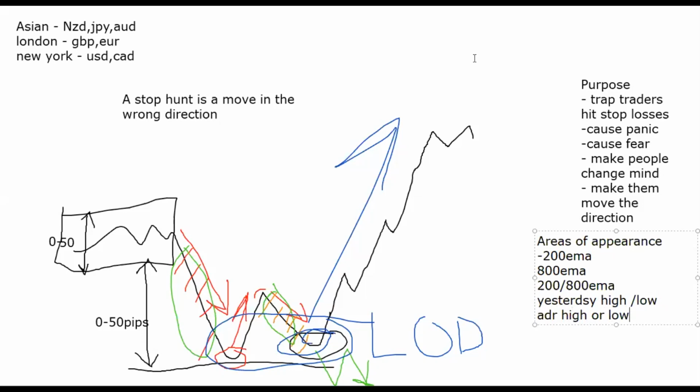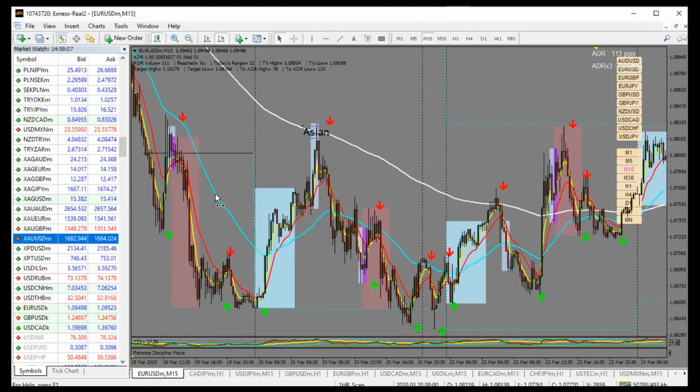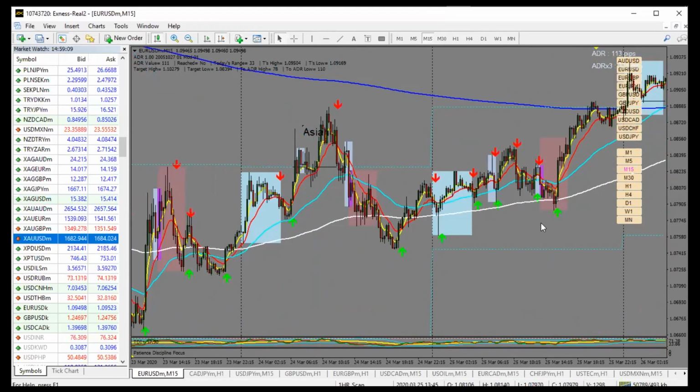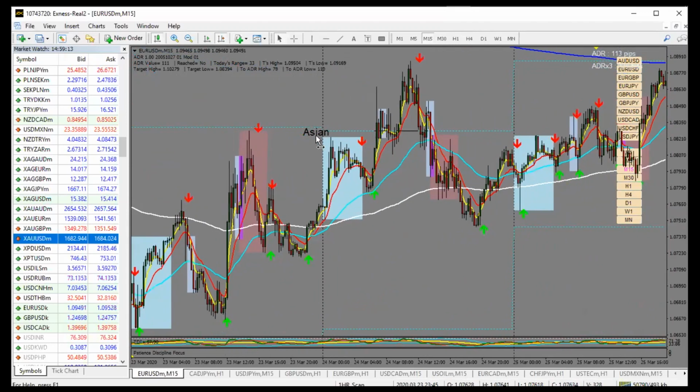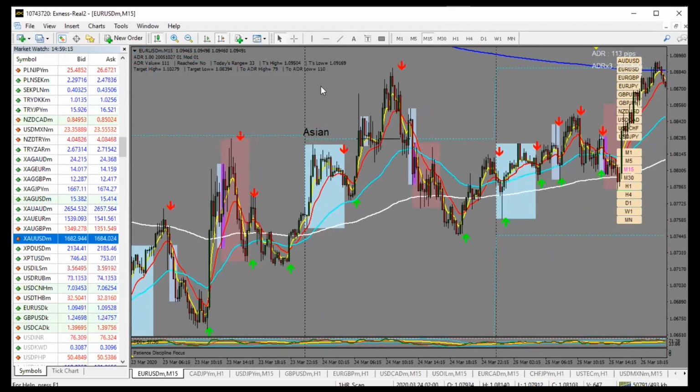Now let's look at the chart again. If we go back to our chart and check the stop hunt, here is our Asian session again, and here is the stop hunt. If we check the number of pips from here to there, you will find that we are getting about 54 pips or so.